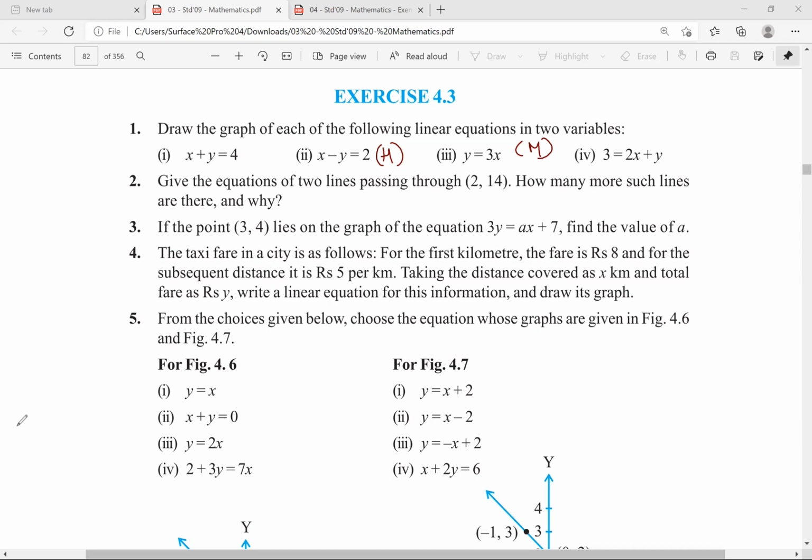Do you guys have a graph sheet with you right now? Yes or no? Do you have a graph sheet? Yes, ma'am, I do.